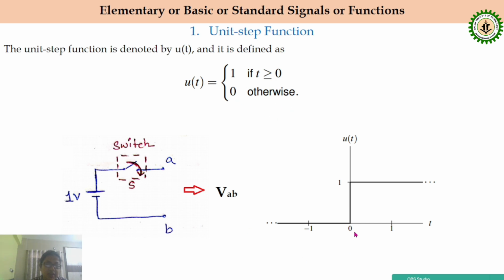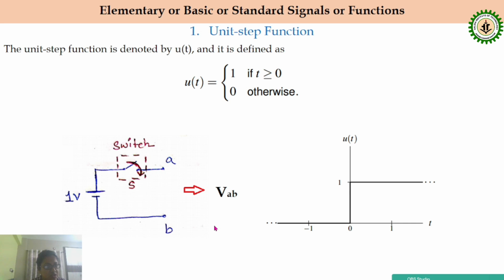At t equals 0 the amplitude reaches 1, and for all t greater than or equal to 0 the value is 1. When t is less than 0 the value is 0. So this is the representation of u(t).